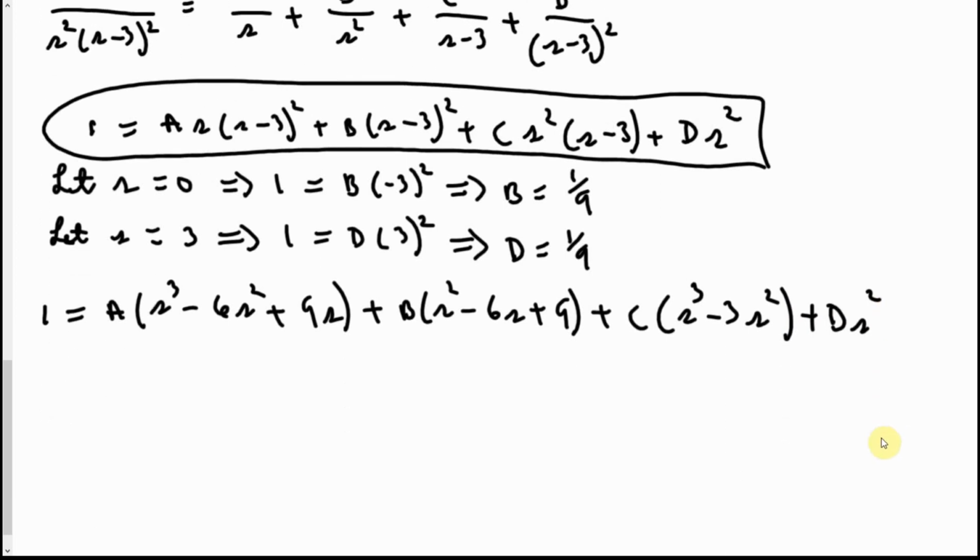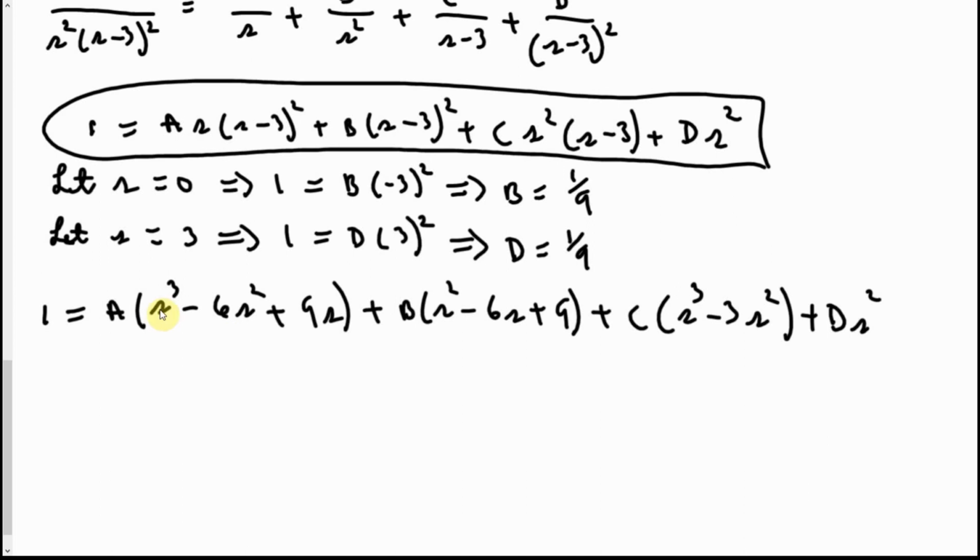Now what I'm going to do is get the corresponding terms together: the s to the third powers together, the s to the second powers, s to the first power, and then the constants by themselves. The only time I'm going to get a number on the left side is 1 equal to the constant terms.